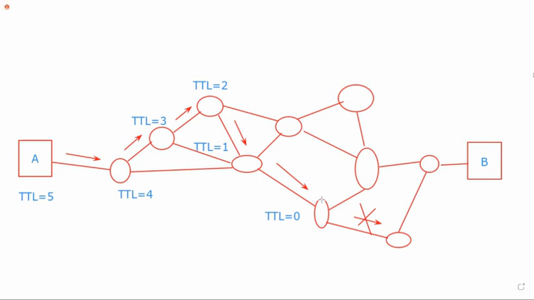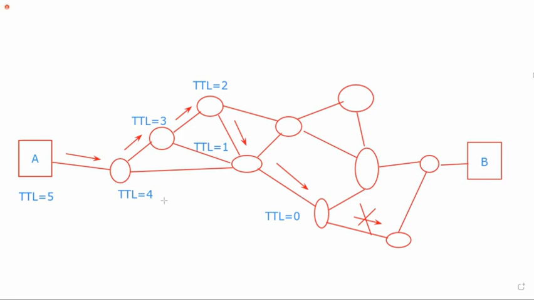So then I don't know how many devices or hops it will go through, right? So then I have to give a value so that the packet lives in the network before reaching the destination. So if I give a too low value, it will expire and never reach the destination, right?